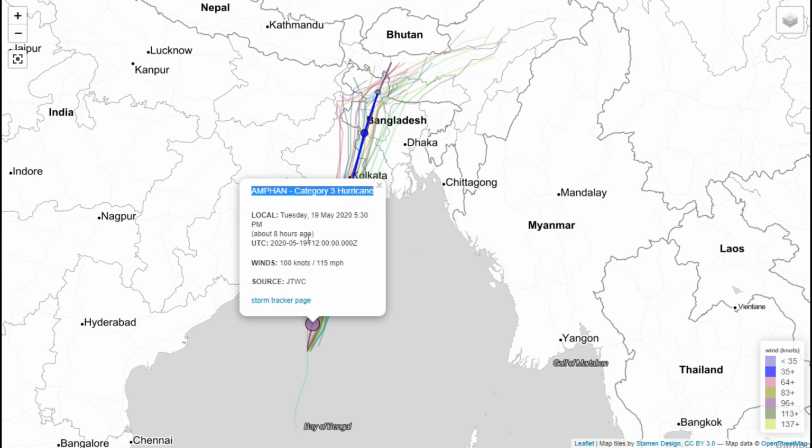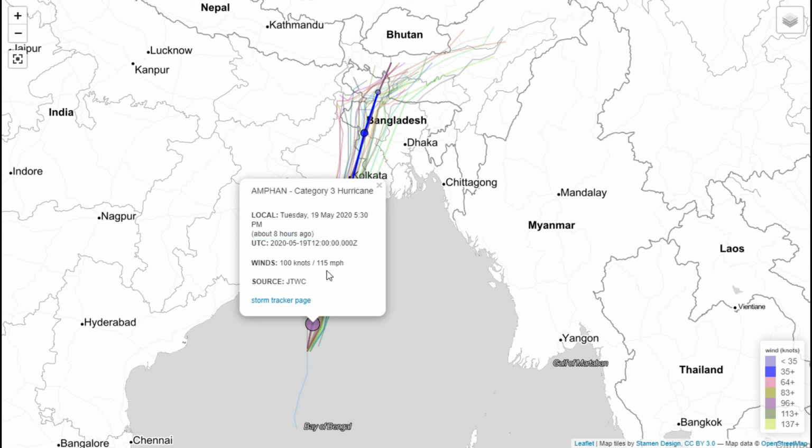And at that point of time, the speed was 115 miles per hour. So friends, see, at this particular point, the speed was very high.